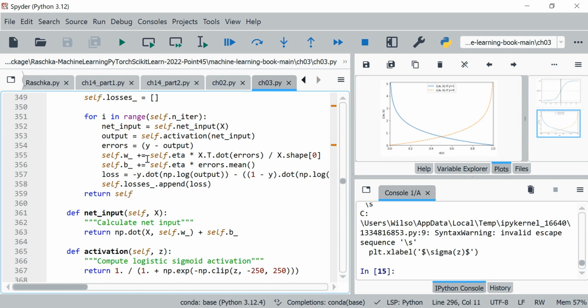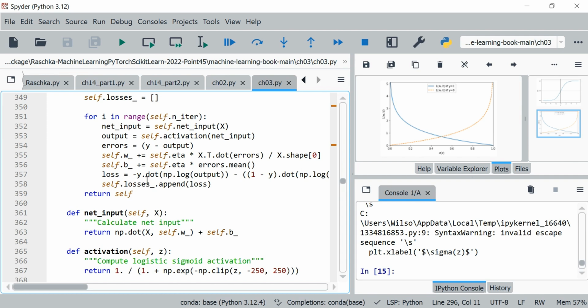And then update the weight. This is delta. The update equals eta times X, the feature transpose, multiplied with this error, then divided by the sample size. And the bias is similar, but here no X, just eta times error.